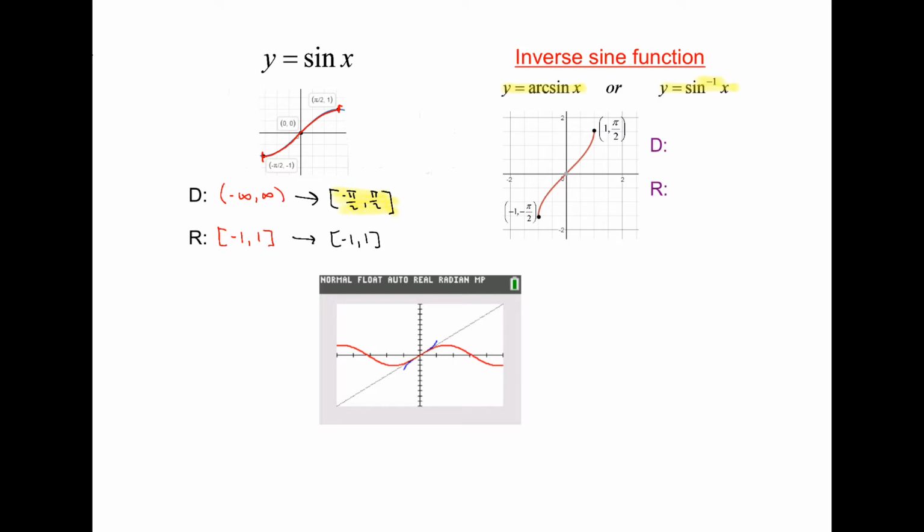So therefore, our range now for the inverse will be that same thing. So from negative pi over 2, and I'm using brackets because those two angles of x are included. And then your range, which was negative 1 to 1, now becomes your domain. So this is your inverse sine function when you graph it.